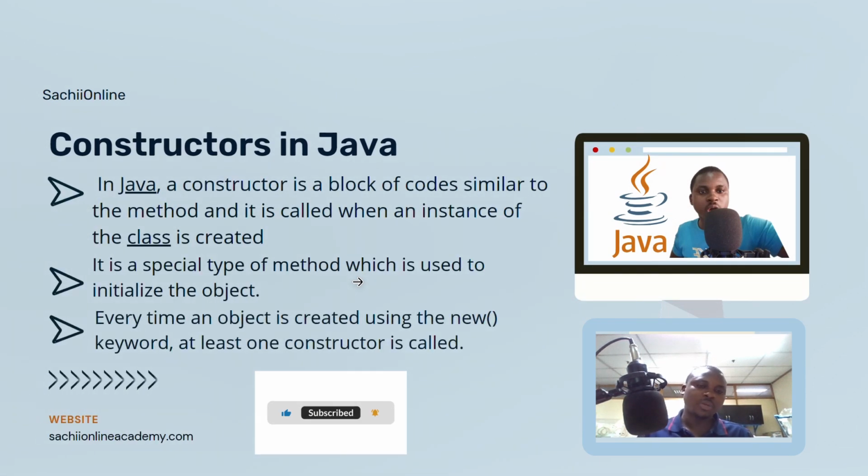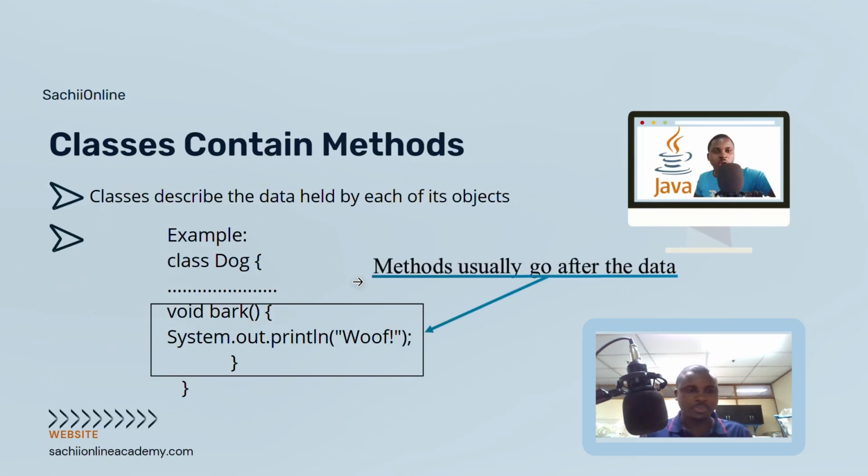So let's talk about what we call constructors. But before that, let me demonstrate on classes, then the data itself, and then I'll demonstrate on methods and how you can work with that, and then from there I'll finish on the constructor.